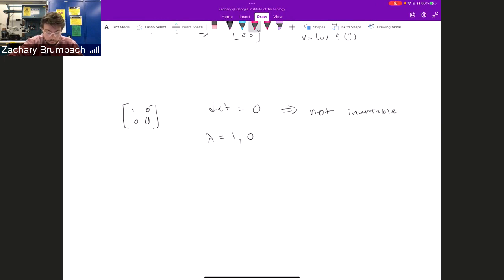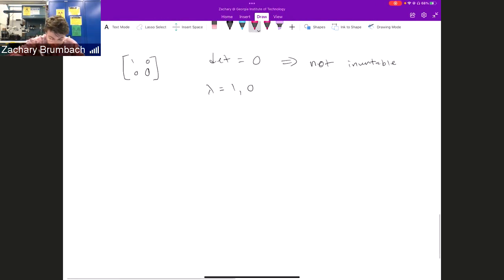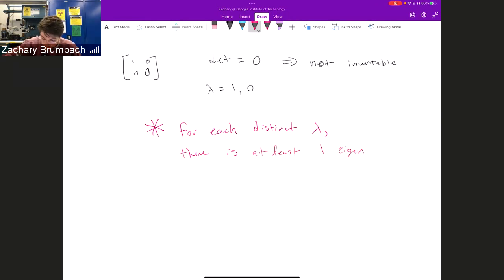Another fact that is super important and you should definitely remember for this exam: for each distinct eigenvalue, there is at least one eigenvector, okay?